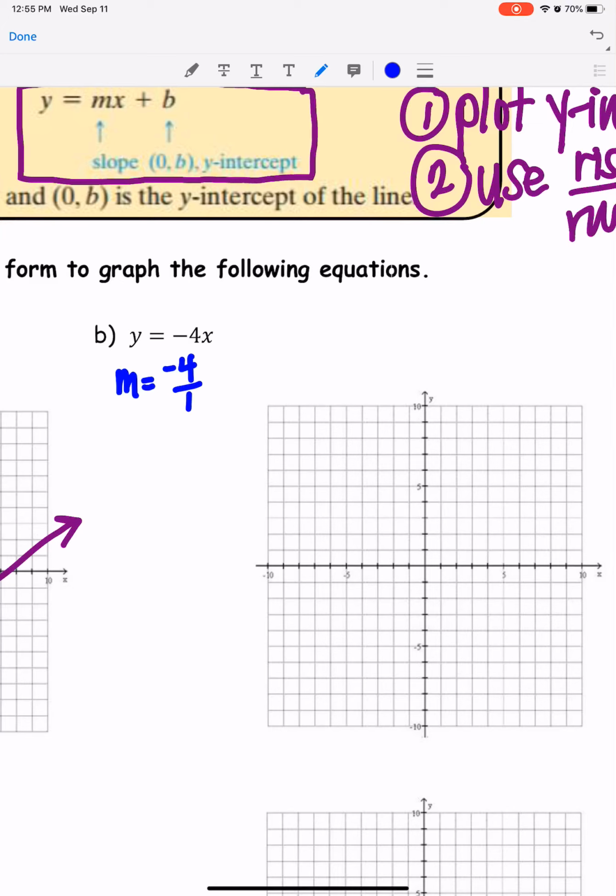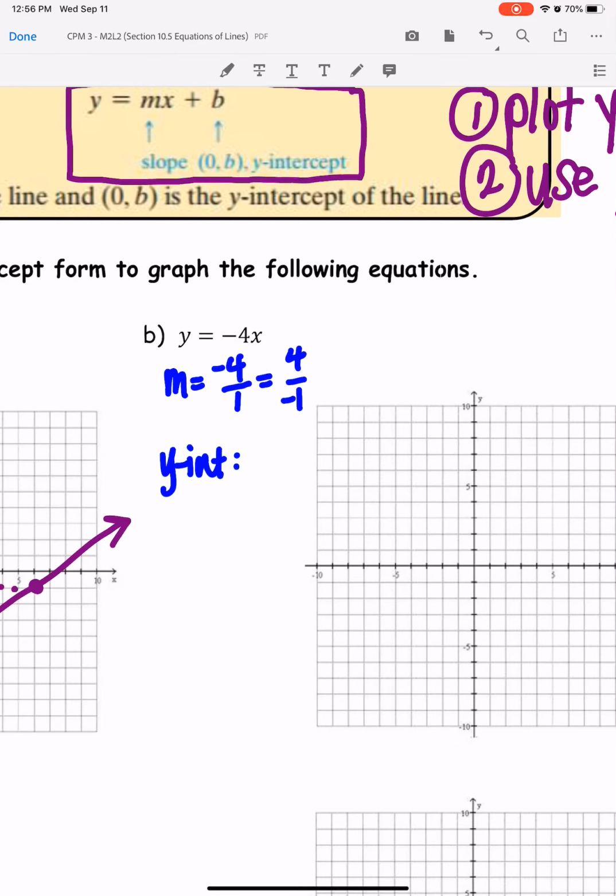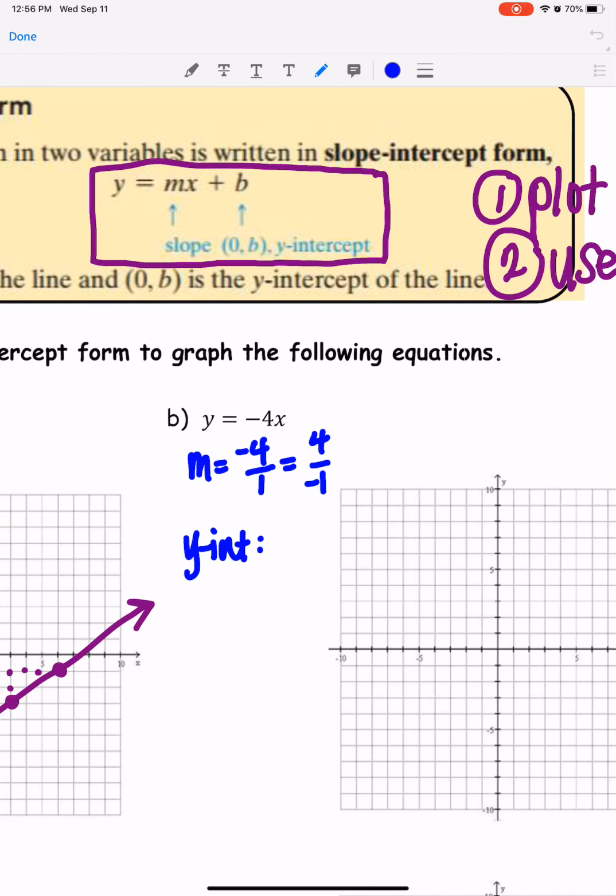And again, I'm putting that negative in the top, but we can also make that +4 over -1. We're going to do both of those on this one again. My y-intercept, well, because on this one, your y-intercept is whatever this constant is, whatever this b is. Because I don't have anything, this is the same as this being +0.